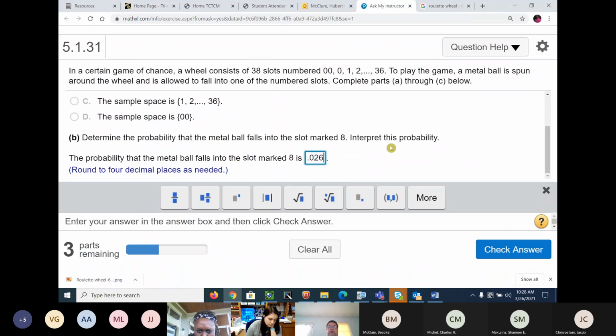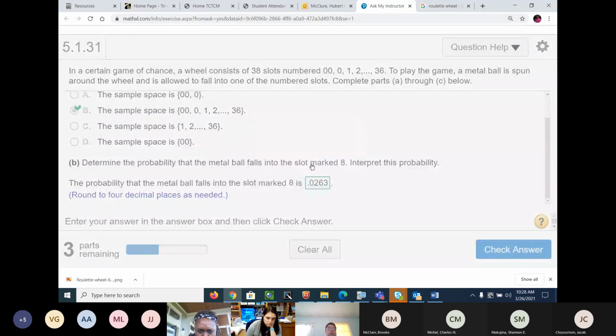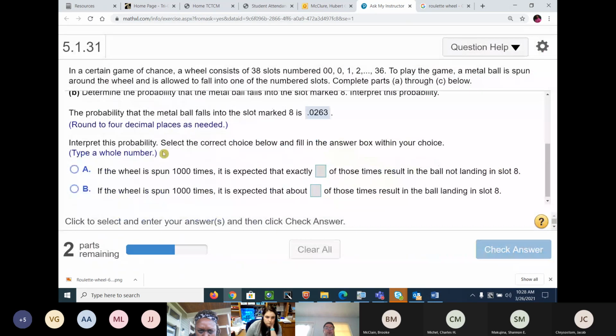It says 4 decimal places. Yay! So if the wheel is spun 1,000 times, how many times should you hit 8? It says about of those times result in the ball landing in slot 8.